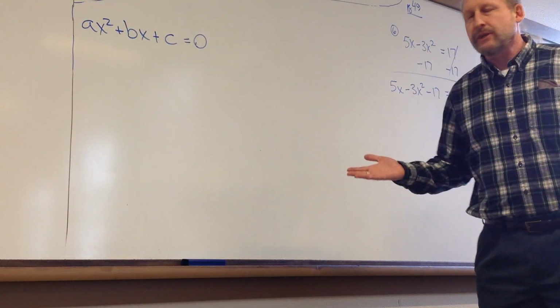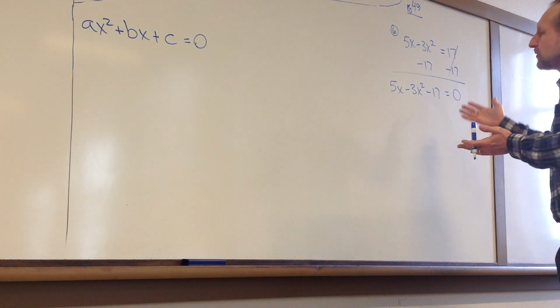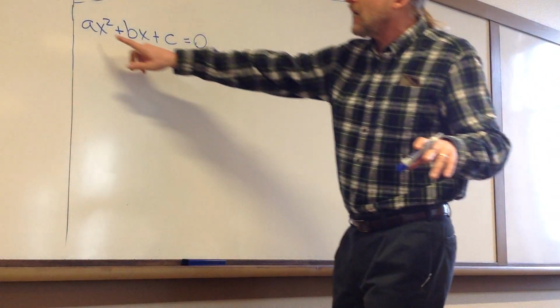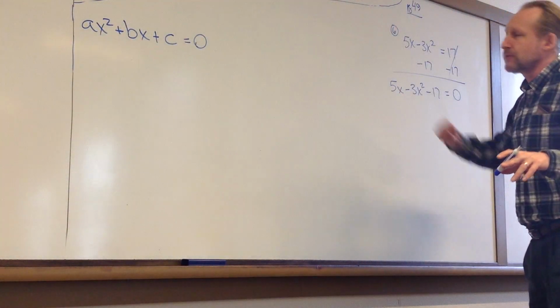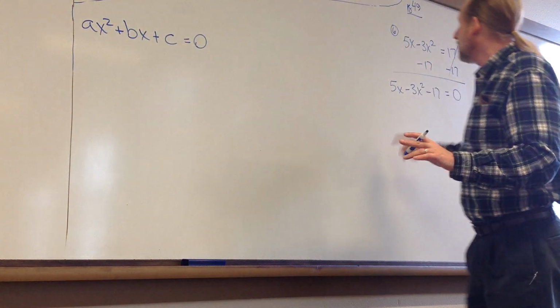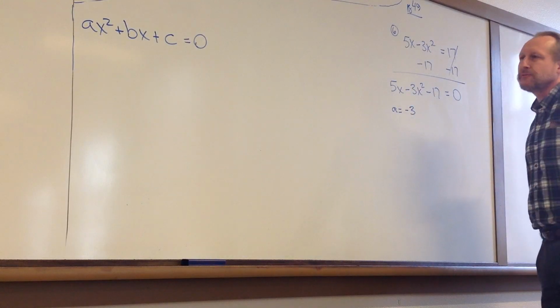There's nothing wrong with that, okay? This is not standard form, but it's not especially wrong, okay? The issue here is that a is not just whatever number comes first, okay? The a is the coefficient for the x squared term, and in this problem, that coefficient is -3.